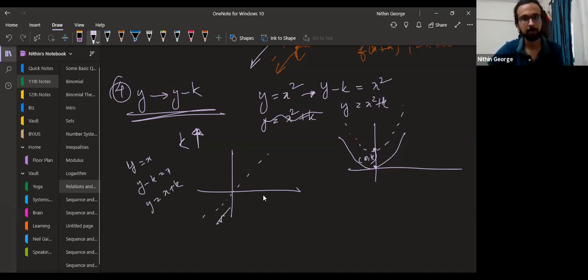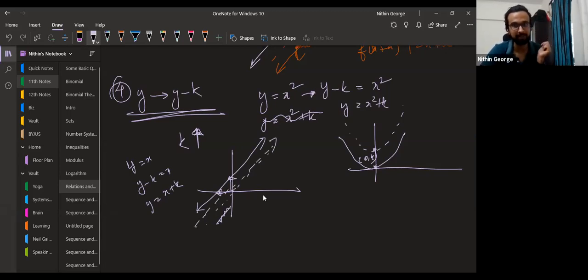So this becomes a line, y equal to x plus k. You're replacing x with x plus k, so you're moving k units backwards. But when you move k units backwards, you're also shifting it k units upwards. It's the same thing because you're comparing it with the line y equal to x. Relative to this, you can look at it in two ways, going this way or this way, because it's just a parallel line like this.